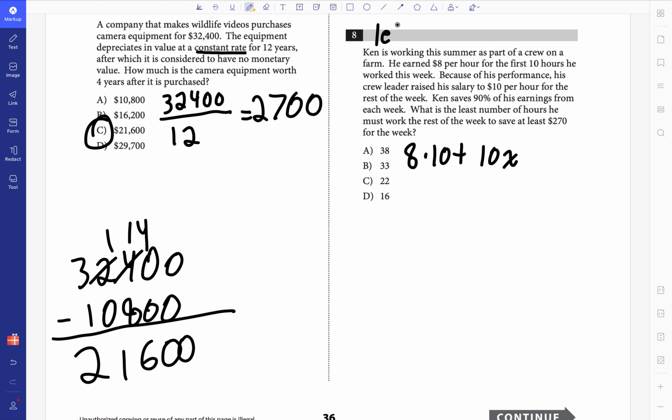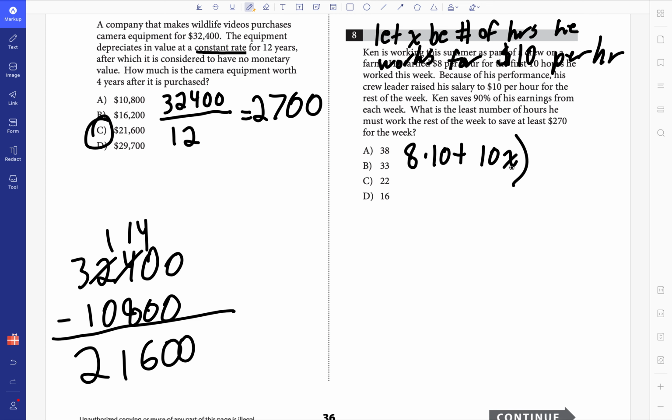Let x, it's been a long time since I defined my variables, let x be the number of hours he works for $10 per hour. Okay, so we know initially he made 8 times $8 per hour for the first 10 hours plus $10 per hour for these x number of hours.